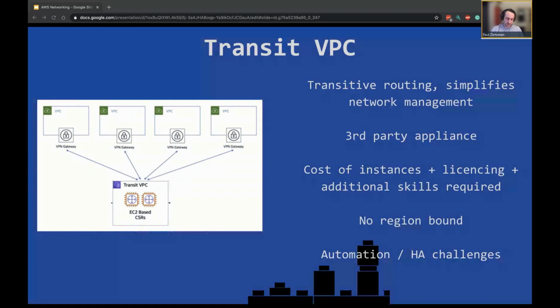Essentially it's a VPC that runs something like a FortiGate or a Palo Alto, or pick a firewall device, and you connect to it using VPN connections. This design could run from day one when VPCs were introduced, and it actually did. This was one of the first patterns, because it didn't rely on AWS native things that much.